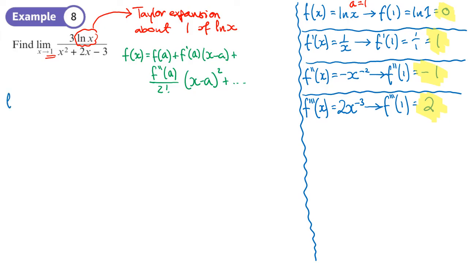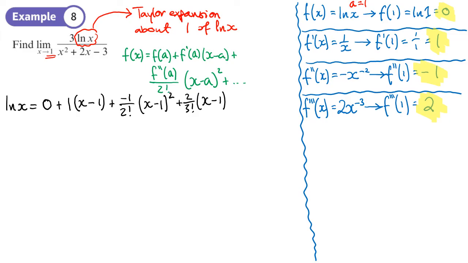So log x is going to be equal to f of 1, which is 0, plus f dash of 1, which is 1, times x minus a, which is 1, plus -1 over 2 factorial x minus 1 squared, plus f triple dash of 1, which is 2, over 3 factorial x minus 1 cubed.